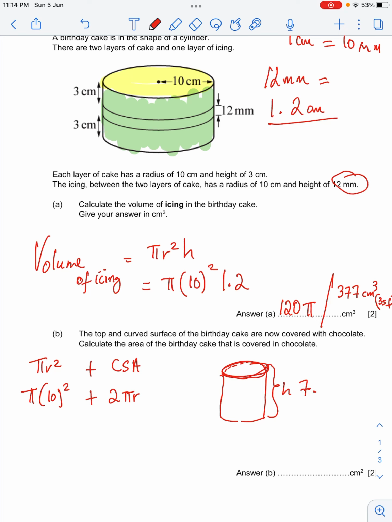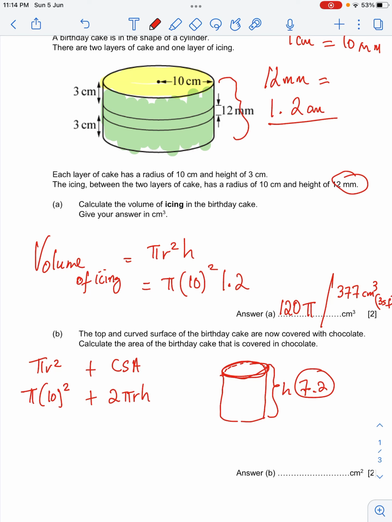It's like 7.2, right? Because you have to add that 3 plus that 1.2 plus that 3. That gives you 7.2. Okay, 3 plus 3 plus 1.2. All right, so that is what we are going to work with.